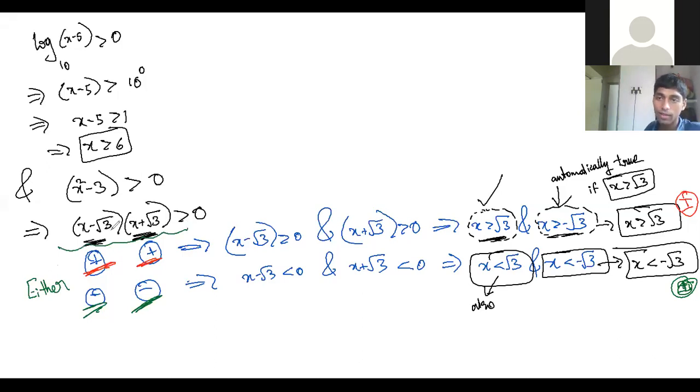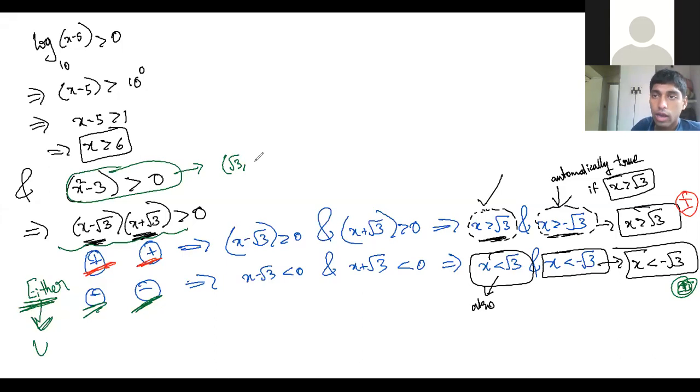Now you see, there are a lot of concepts involved. When I say either, either means this can be true or this can be true. Now, if and corresponds to intersection, as I told you last time in sets, what does either correspond to? Sir, union. Union. So in fact, the solution set of this particular inequality, very important, is x greater than root 3, which corresponds to the interval root 3 comma till where?